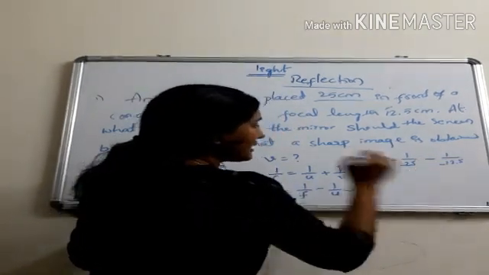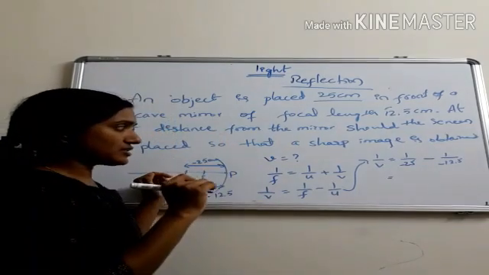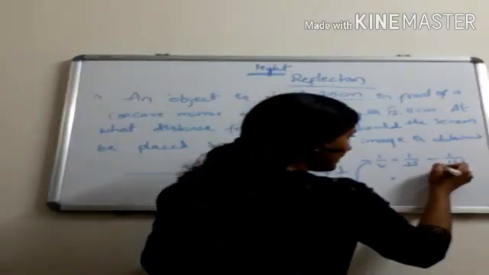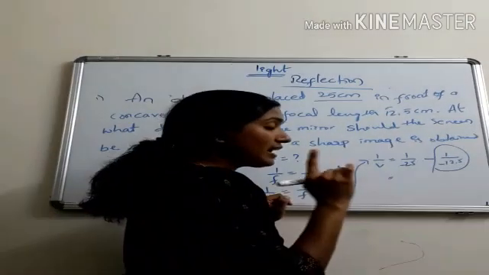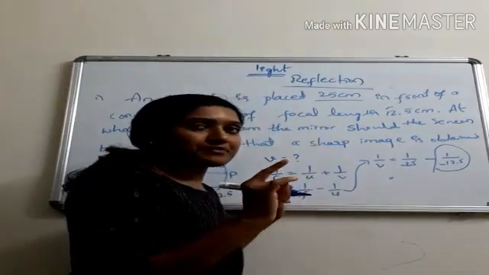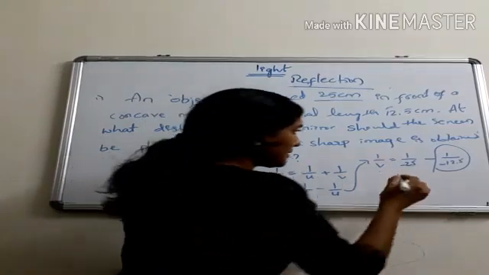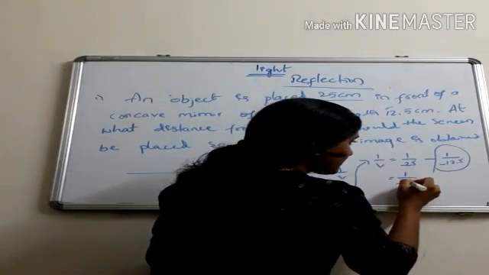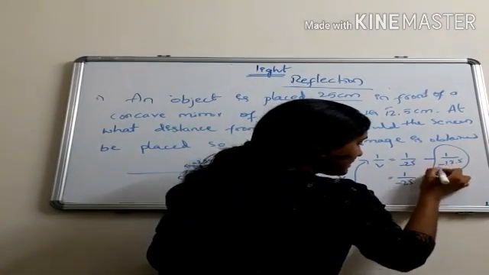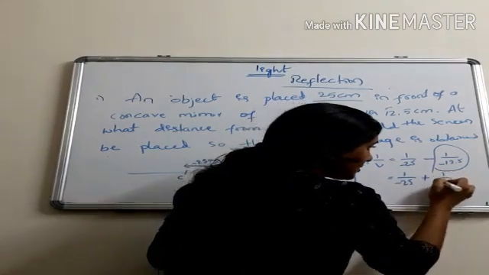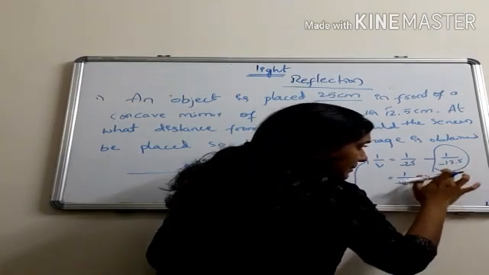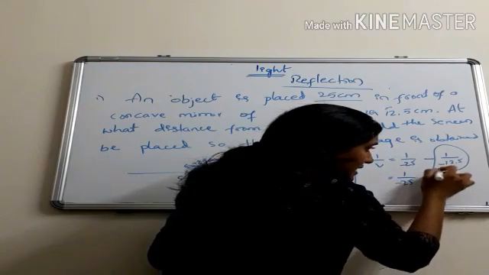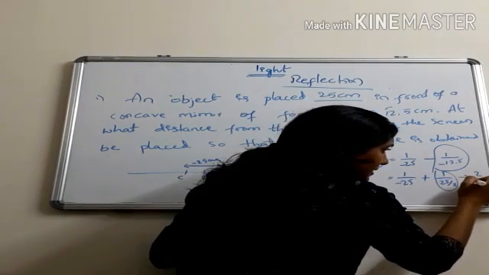If you take the LCM here, you may get confused, so instead of writing 1 by 12.5, I'll write 2 by 25. Minus into minus is plus. Reciprocal, I'll take it upside, so this becomes 2 divided by 25. Don't get confused.